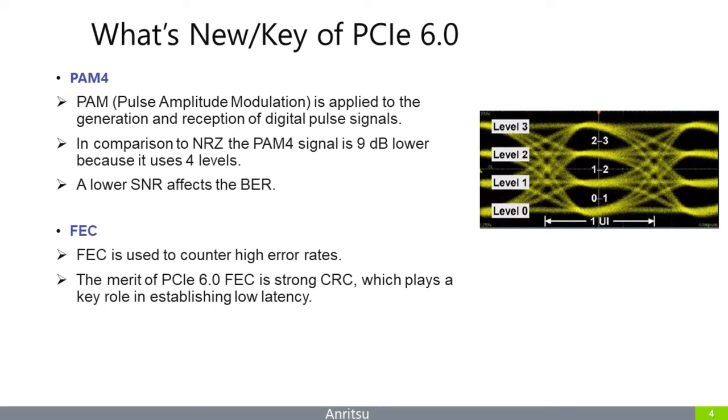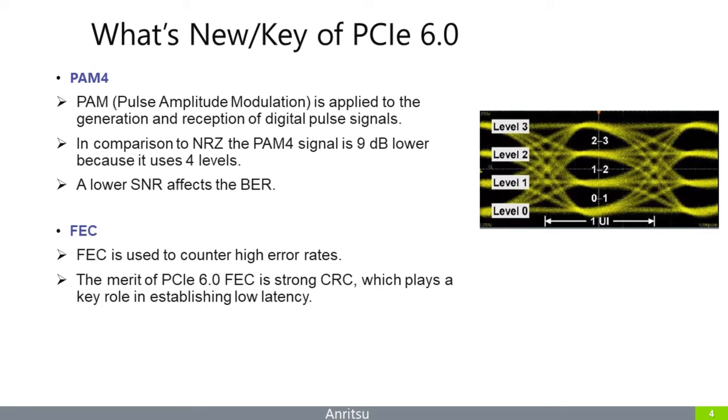So what's new? What are the key points of PCIe Gen 6? The first one is PAM4, pulse amplitude modulation. Up to Gen 5, Gen 1 to Gen 5, the modulation scheme was NRZ, non-return to zero, a 0 or 1 digital signal.